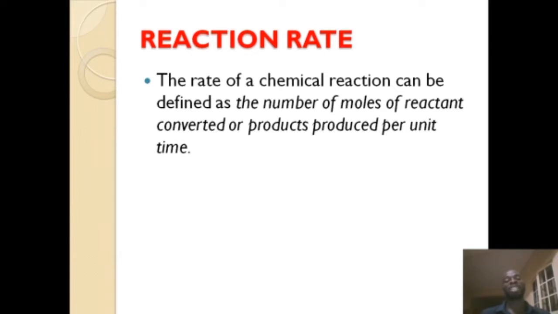We said that a reactant is the species that are involved in a chemical reaction, while the products are the end result of a chemical reaction. So when we're talking about the rate of a chemical reaction, we can measure it using the number of products produced or number of reactants used up. I hope this is making sense to you.